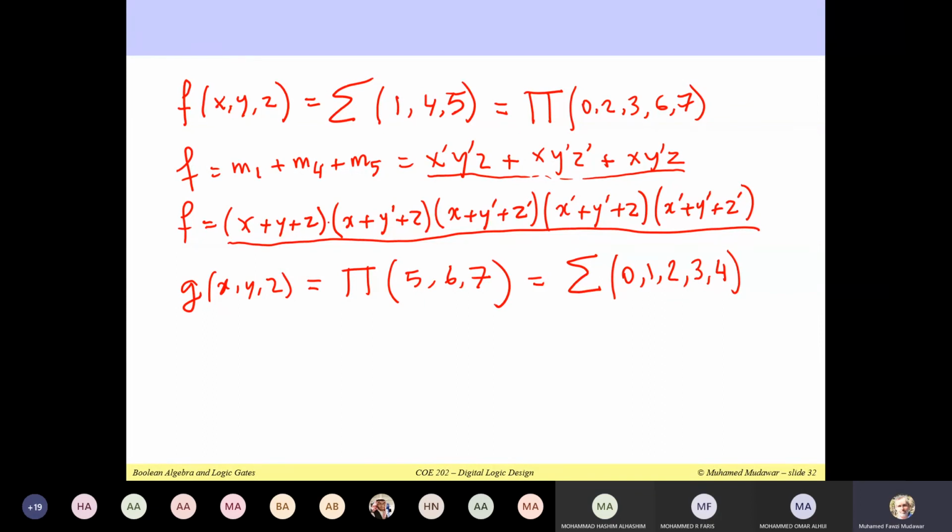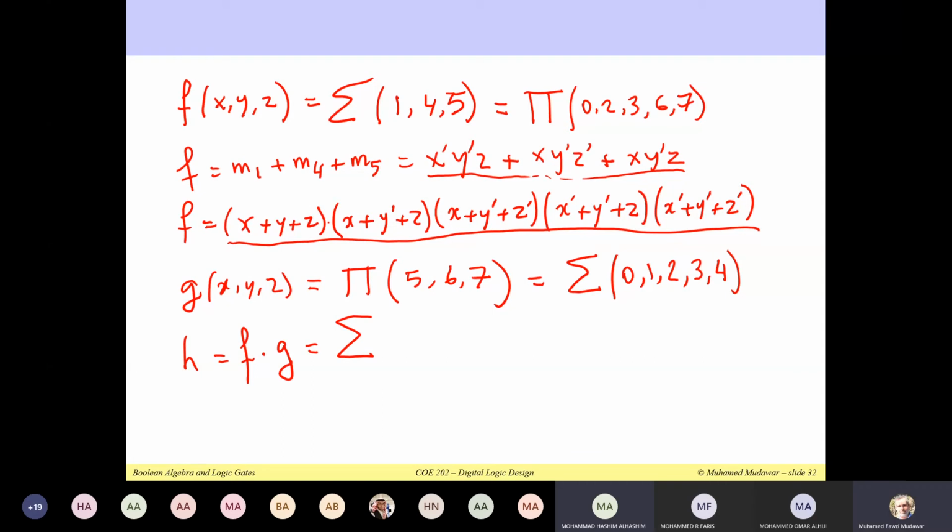If I would like to define a function h, which is equal to the function f and the function g, can you list the minterms for the function f and g? What are the minterms of f and g? 1 and 4. Why? Because that's what's in common with f and g.